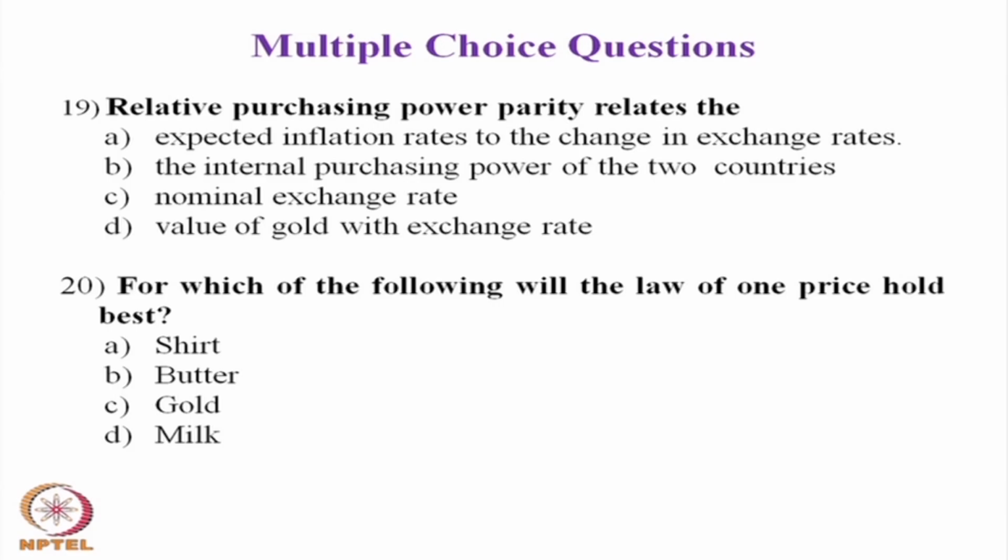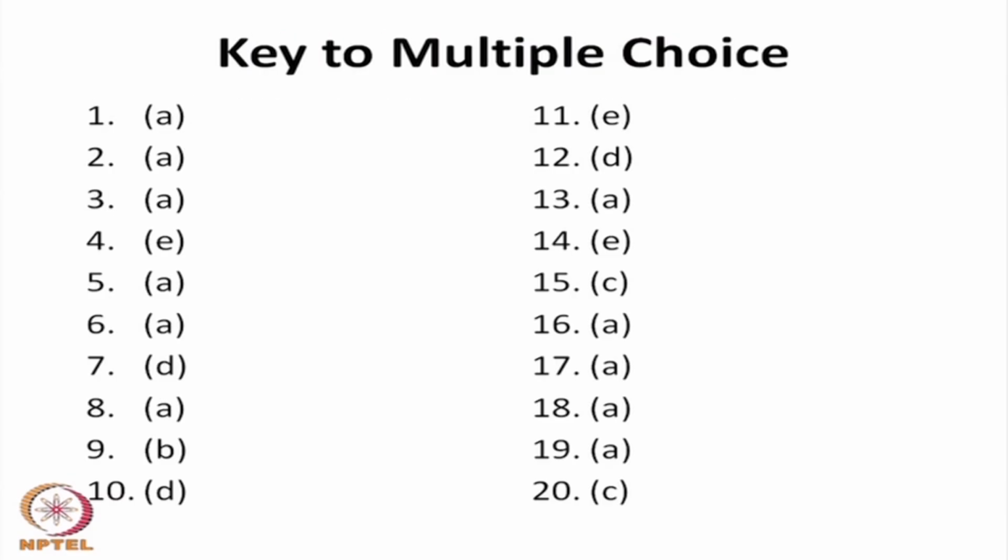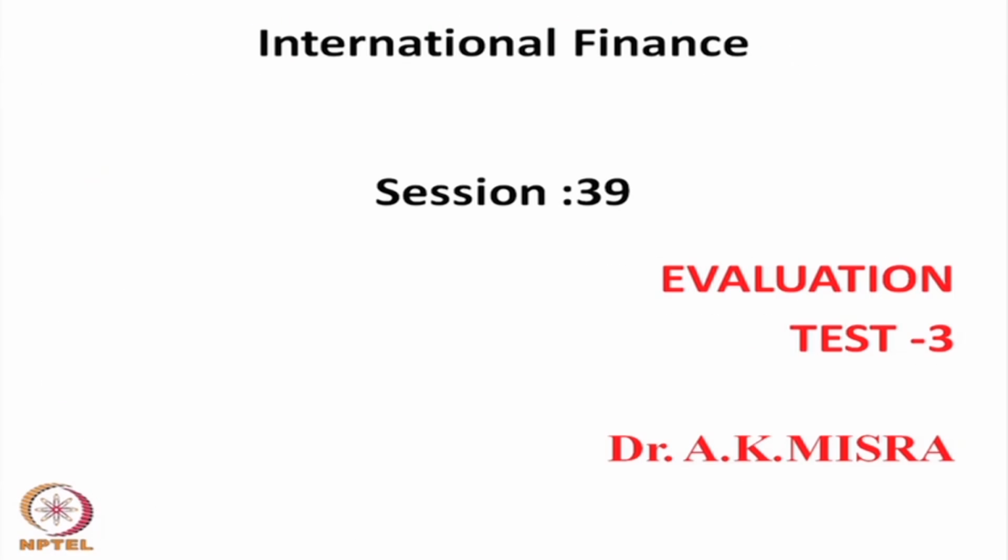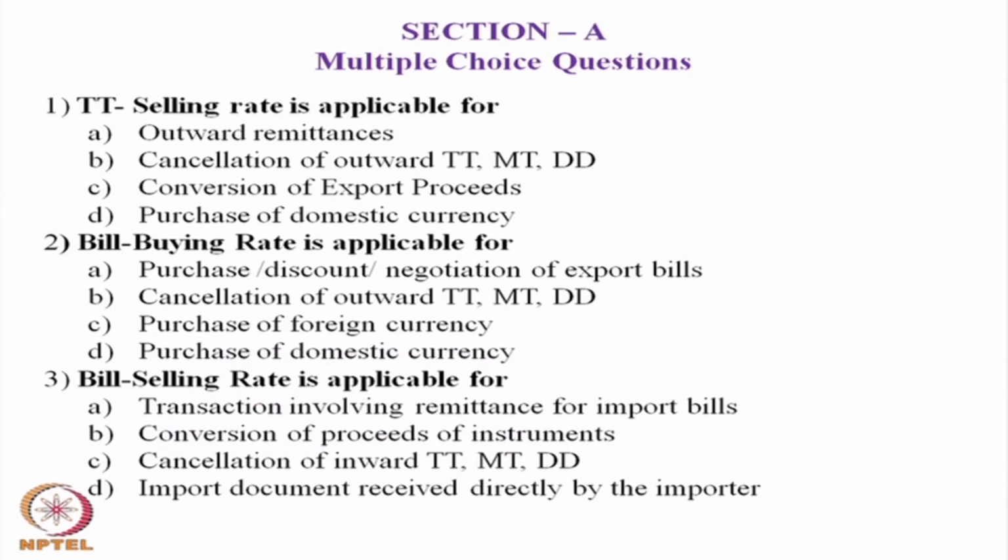All 20 questions we have discussed, and I hope you have marked all the right answers. Let us go to the answers of each of the 20 questions. Question number 1, TT selling rate is applicable for outward remittances.